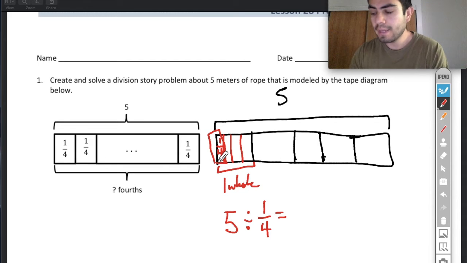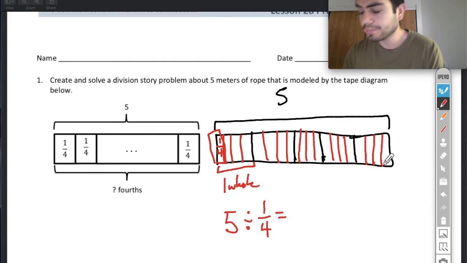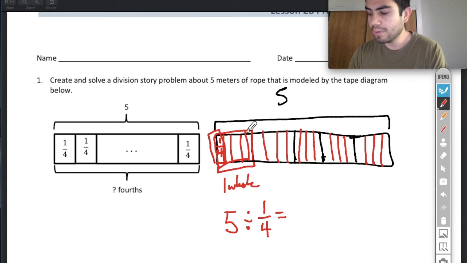Okay, now we created 4 pieces in this 1 whole, so that means that our next whole will also have 4 pieces, and so will our next one, and our next one, and our last one as well. Now as you can tell here in this first whole, we end up having 4 total new pieces.